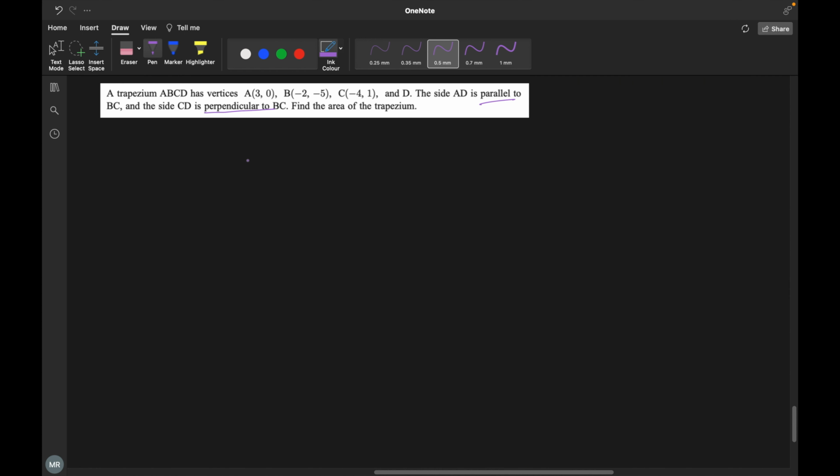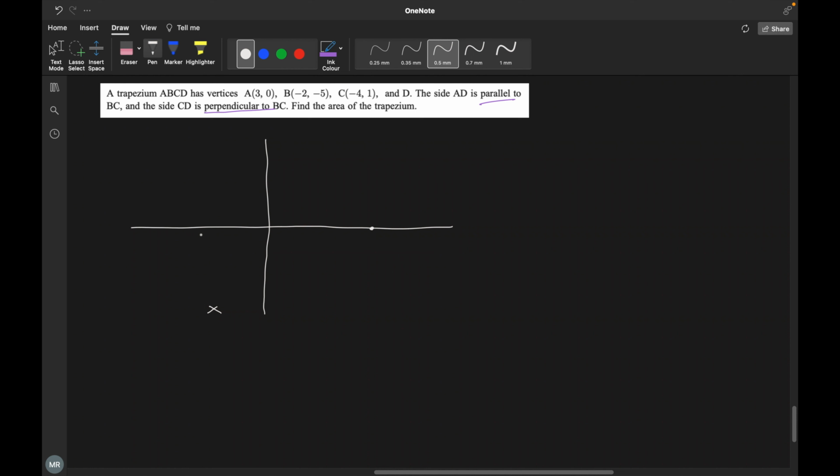So if AD and BC are parallel, that means, okay, first let's just draw the axes and let's just plot the points so it's much easier to understand the question. So 3, 0 would be somewhere here. And then let's plot B. So negative 2 approximately here, and then 5, let's say here.